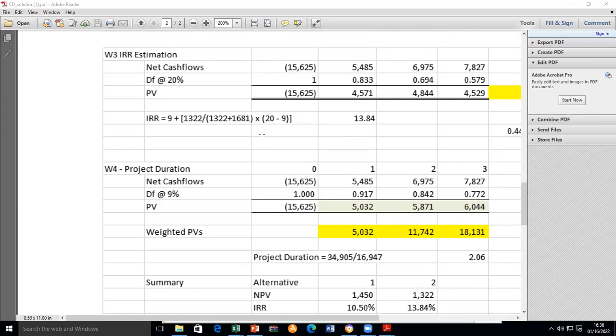How long it takes for you to recover the benefits on the bond. Therefore, duration is a form of a payback.